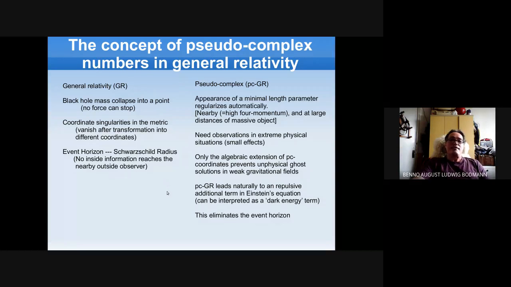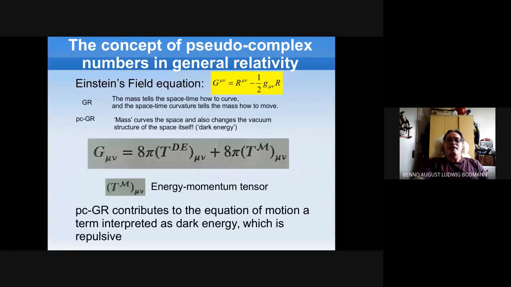Let's have a look at the field equation of Einstein. You see it here in yellow. We have the Einstein field tensor on the left side, and on the right side we have only geometric quantities. We have the metric tensor of the curvature, we have the metric scalar R, and we have the metric tensor G mu nu.